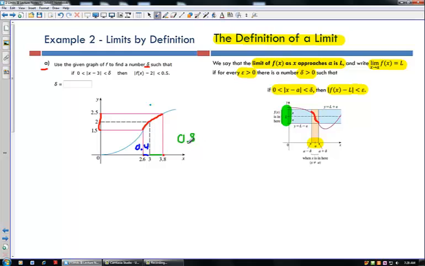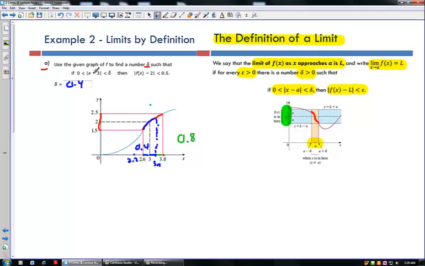If you choose 0.8, you'll be wrong because 0.8 will go outside on the left-hand side. 0.8 will take you all the way down to 2.2, so that's too big. So 0.4 is just right. If you go 0.4 to the left, you're still within this region, and if you go 0.4 to the right, you're right here at 3.4, so you're still within this region. You'll be on this red part of the graph. So my delta will be 0.4.